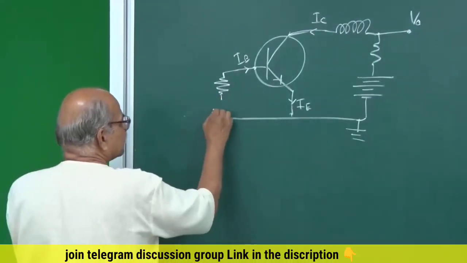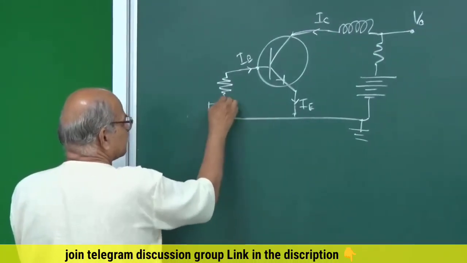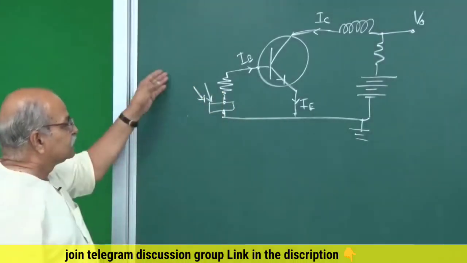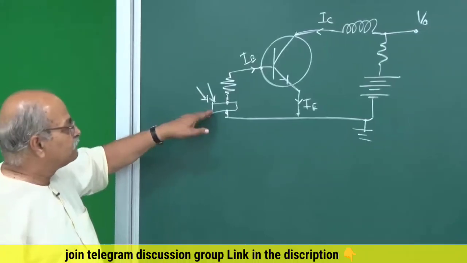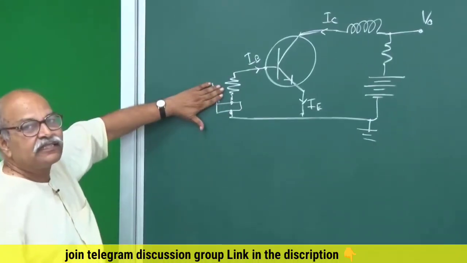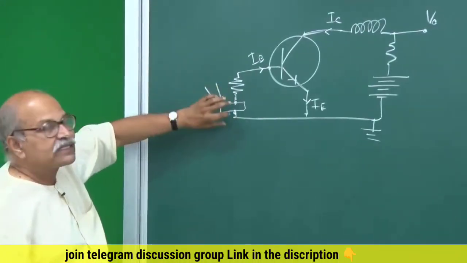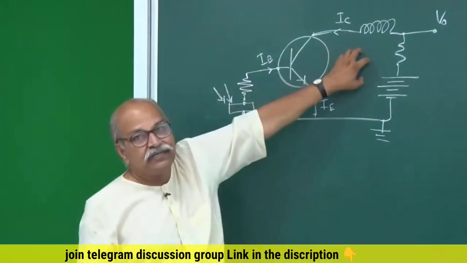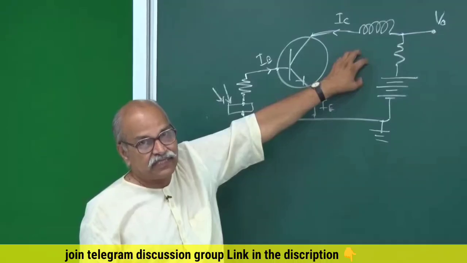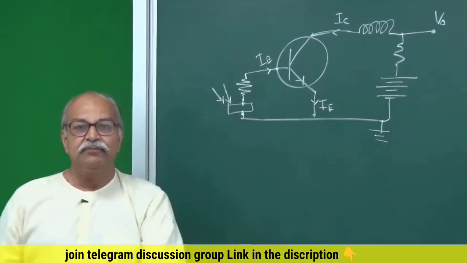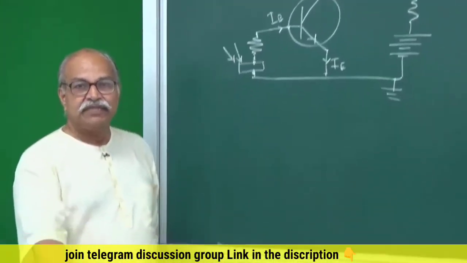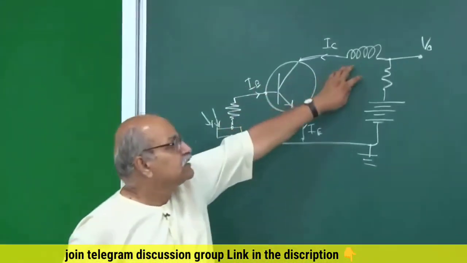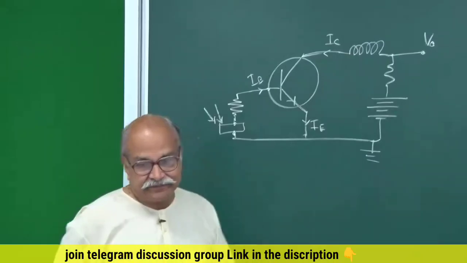When light falls on it, the voltage is generated, and if this light is off, then there is no voltage here. So just by controlling the light here, you can control this part of the circuit. So let me show you on the table how this circuit is implemented and how a voltage or light here can control this appliance here.